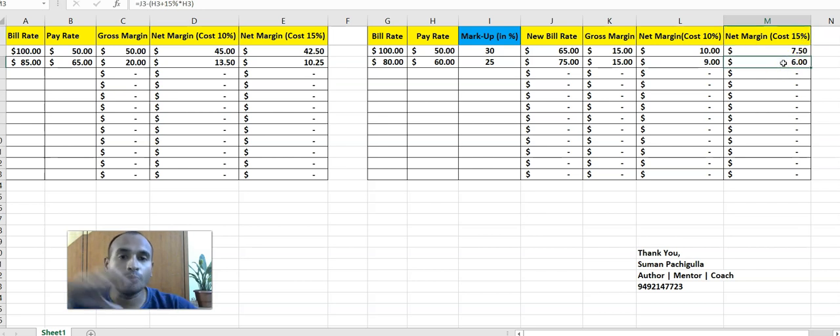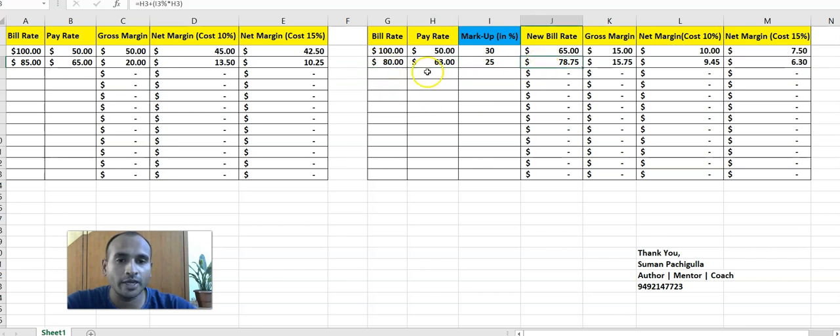Now if you want to make more money, you have to pay the candidate as much as you can without going over the primary bill rate. So how are you going to identify that? You keep on adding to the pay rate. Let's say 25% is the markup, and initially you said you're going to pay 60. Now you say you're going to pay 63. If you pay 63, you have to charge 70.75 as a new bill rate.